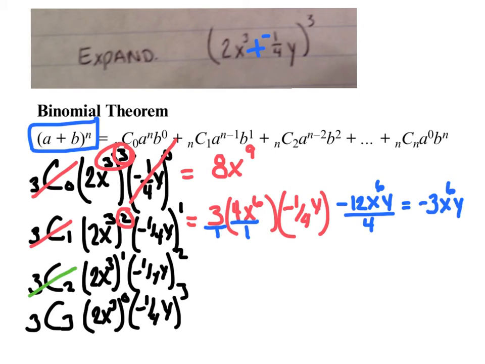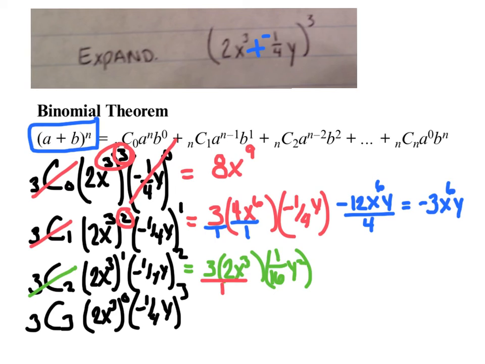My next term, again, that turned into a 3. I'm going to use parentheses, raise everybody to the first, so you leave it alone. And now you have to square everybody. So remember, anytime you raise somebody to an even power, you always get a positive number. So I know that's going to turn into a positive. Square the top, I get 1. Square the bottom, I get 16, and a y squared. Again, fractions are easy.